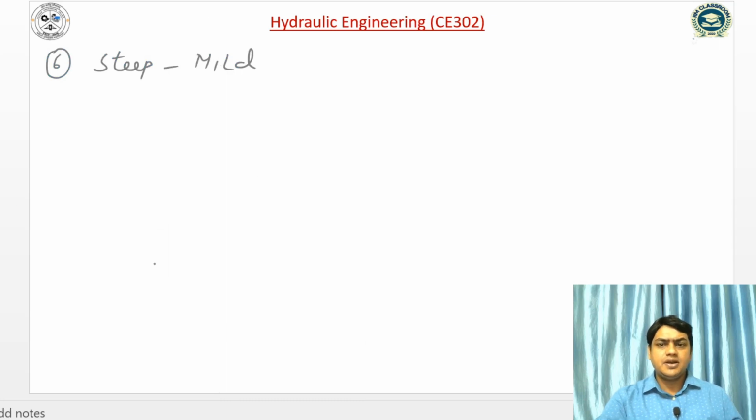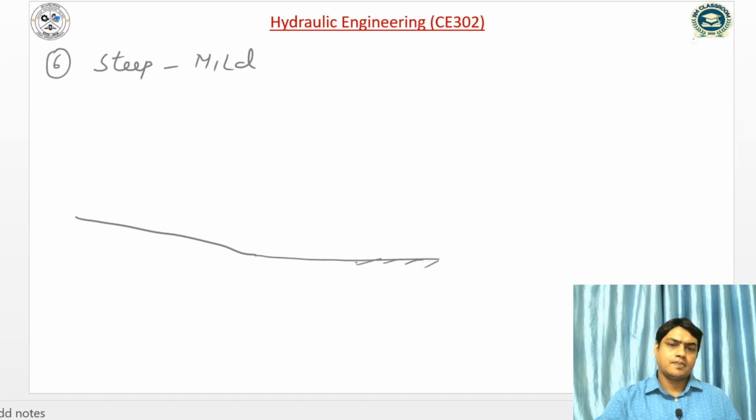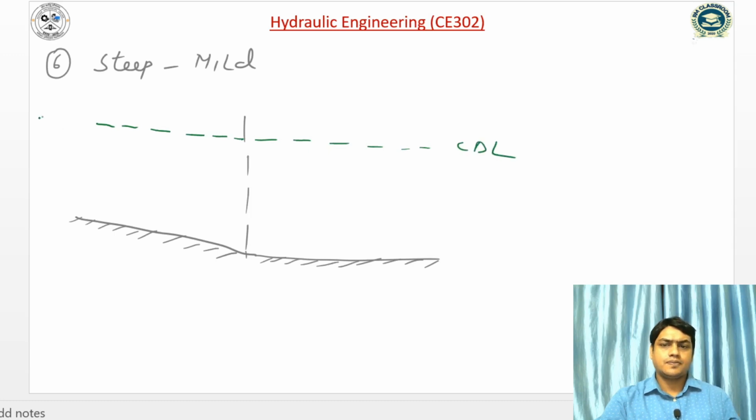Similarly, in steep to mild, the steep slope is more as compared to the mild. This is steep. This is the control section. So in the steep slope, let us assume this is the critical depth line, and in the steep slope, the normal depth line is below the critical depth line.